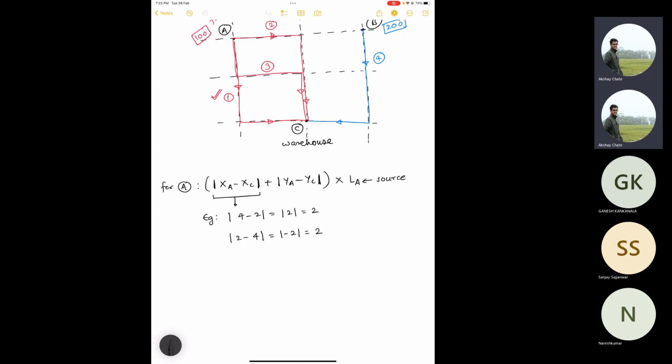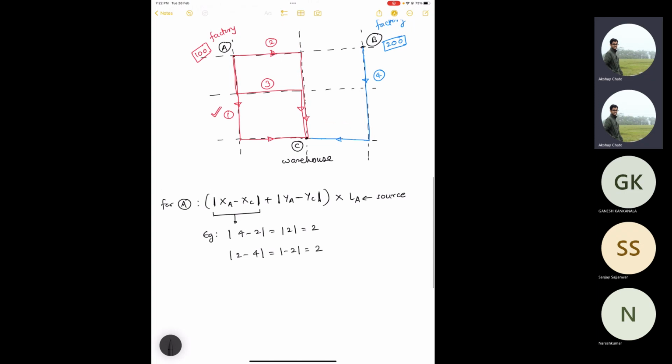The mod function only cares about the magnitude, not the sign, because the quantities we are considering in the modulus are distances, and distance will always be positive. Distance cannot be negative, so that's why we need to put the modulus sign.